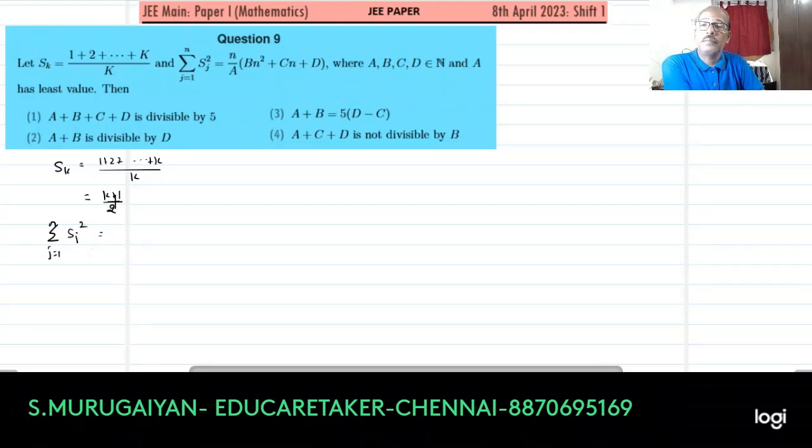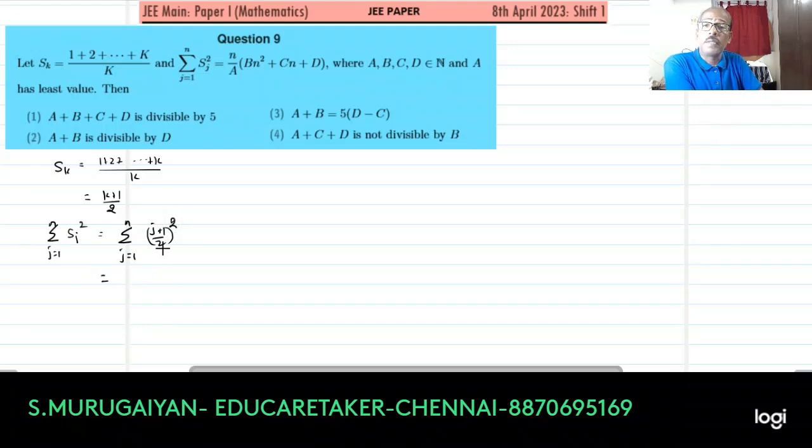S1 square is 1 plus 1, that is j plus 1, so Sj equal to j plus 1 by 2. This summation, j equal to 1 to n, of j plus 1 by 2, the whole square.